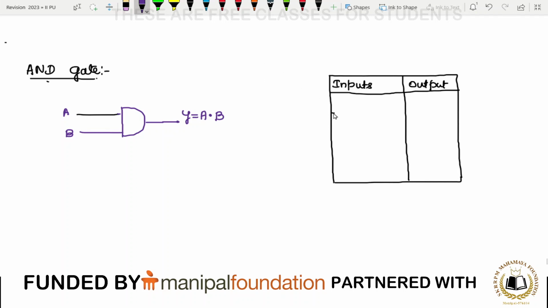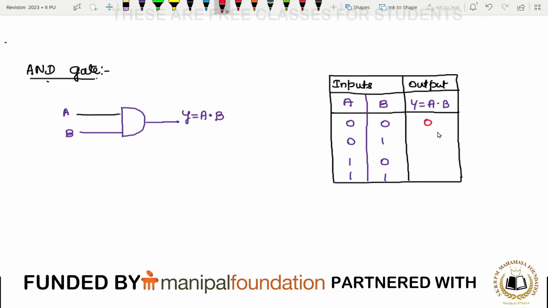So what are the inputs here now? A and B. Here is A and here is B. Output is Y equal to A dot B, which is similar to multiplication. Inputs 0 and 0, 0 and 1, 1 and 0 and 1 and 1. The four combinations are possible because it's a two input AND gate.